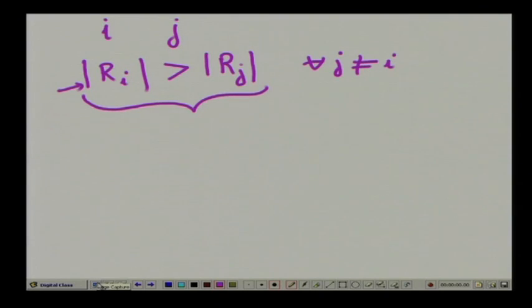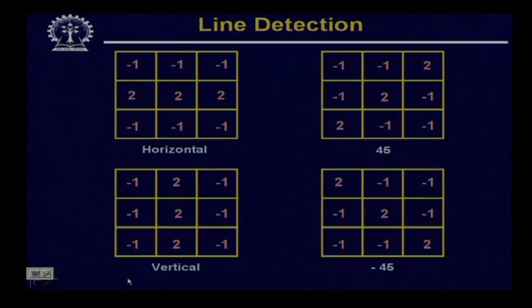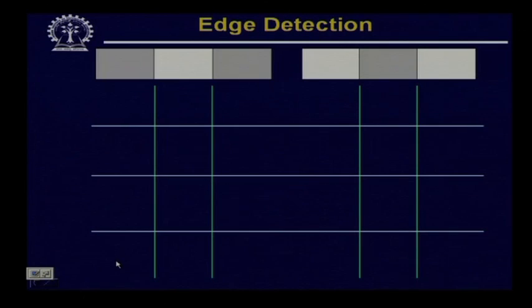An edge is nothing but a boundary between 2 regions having distinct intensity levels or distinct gray levels. So, it is the boundary between 2 regions in the image. These 2 regions have distinct intensity levels, as is shown in this particular slide.